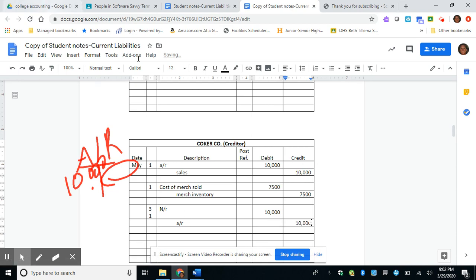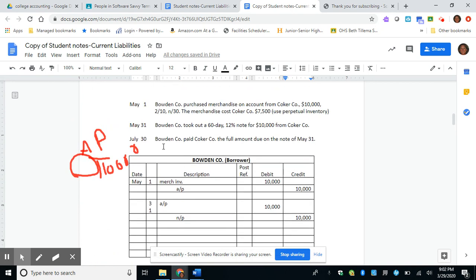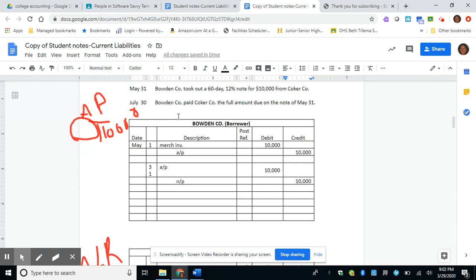Now, the Coker company is going to start charging interest. And it looks like at the end of the 60-day note, they decide to pay in cash what they owe. So we have to calculate some interest. $10,000 times 12% interest times 60 divided by 360, which if you punch that in your calculator is going to be 0.1667.